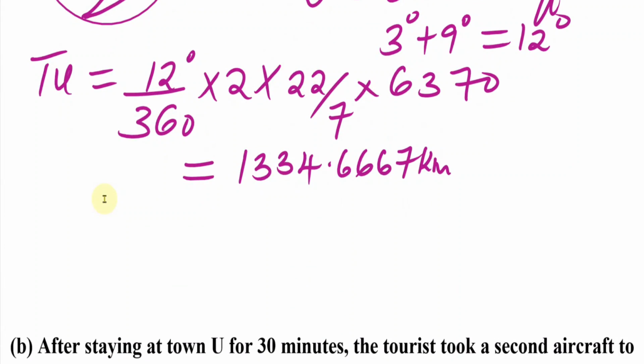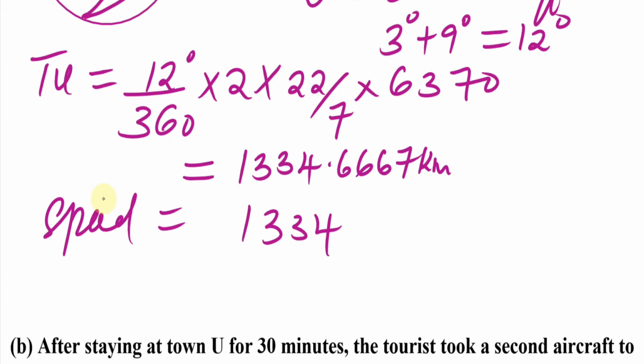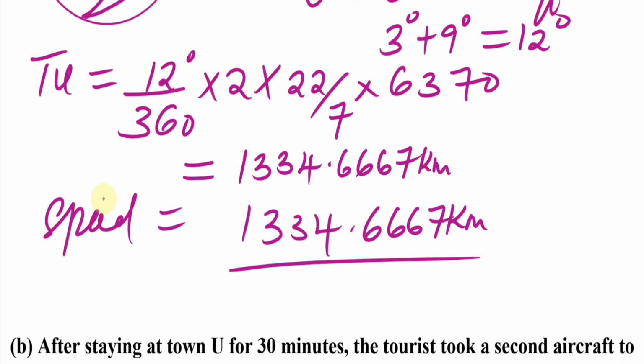So the speed will be given by distance, 1334.6667 kilometers, divided by 1 hour 20 minutes, which is the same as 1 1/3 hours. Working this out gives 1001 kilometers per hour.